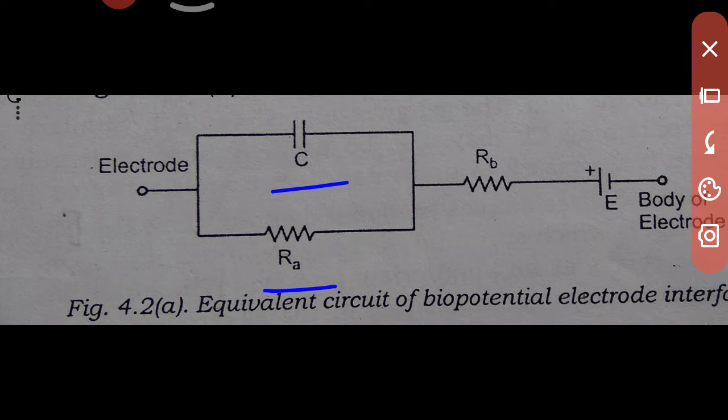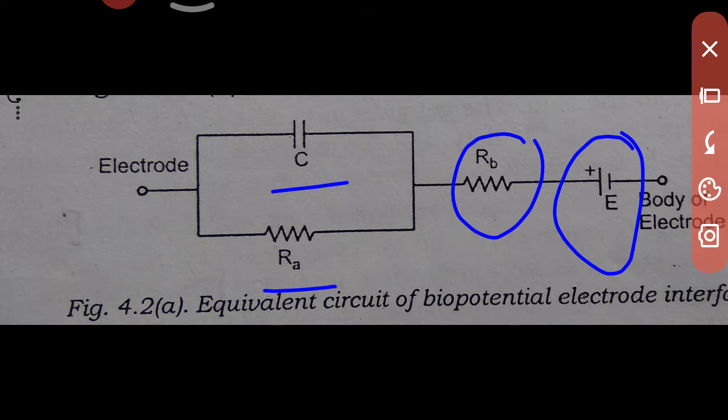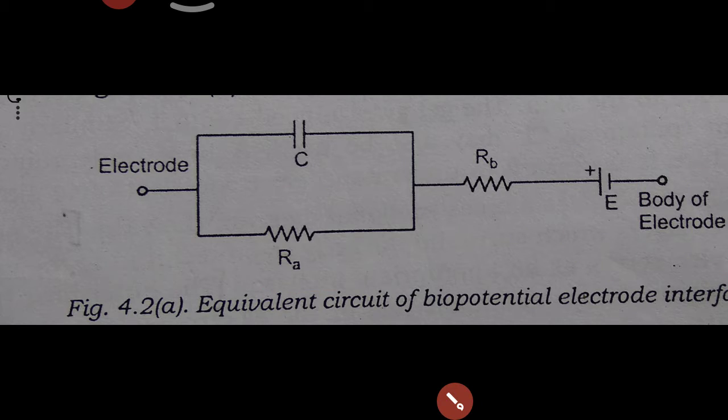Whereas here RB acts as the resistance of the solution, and capital E is the battery voltage, or the half-cell voltage. And finally the interface with the body. This is the equivalent circuit of the biopotential electrode and electrolyte interface.